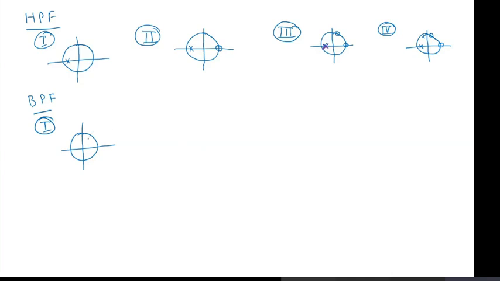Here we will be selecting and placing the poles near to the a by root 2 frequency component. We have to calculate and find out where we want to place the pole.